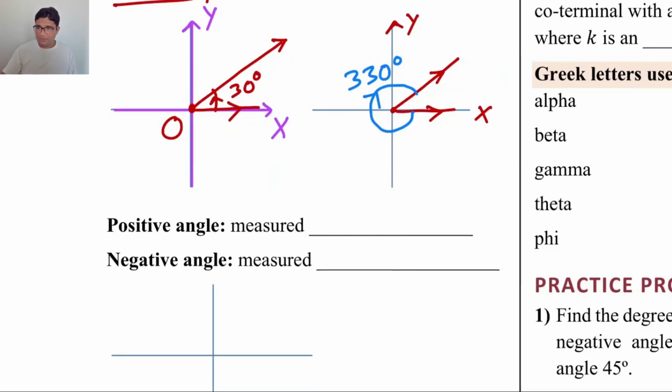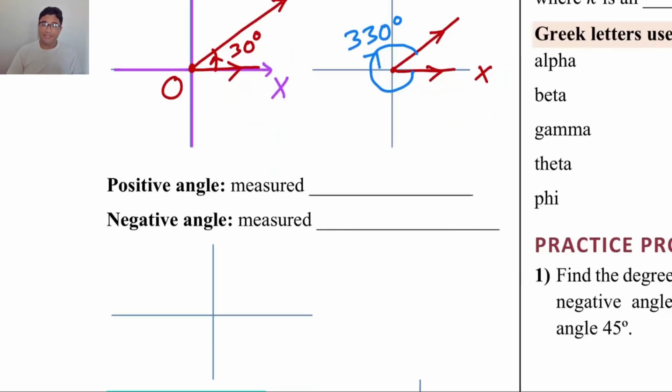So that means, of course, now we have to distinguish between these two, right? And we want to not use words, we want to use symbols and make it easy, right? We introduce the concept of positive and negative angles. So you will say the measurement is positive if you measure it counterclockwise. The way I remember this is counterintuitive.